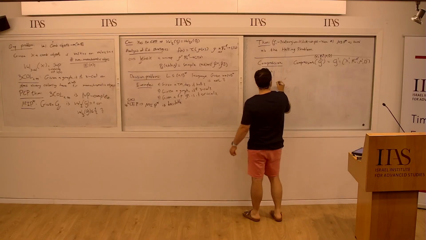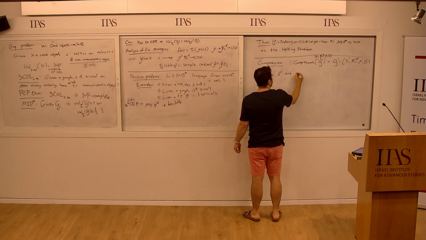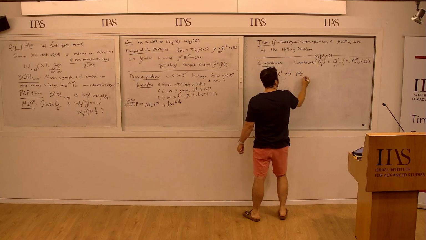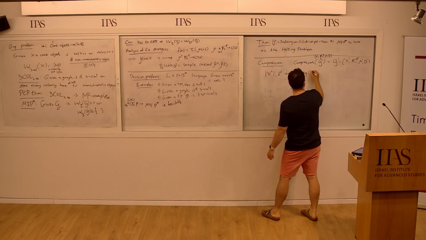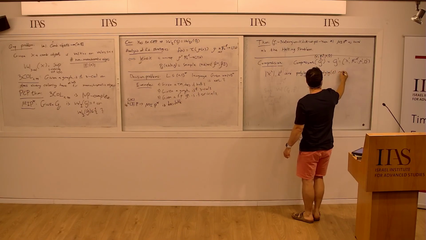And the first thing you want is that x prime and L prime are polylogarithmic in the size of x and L, respectively.